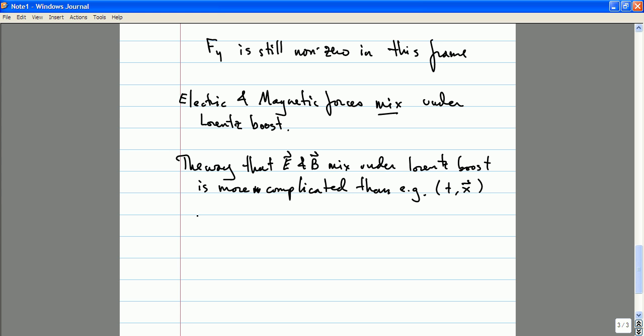So let's say that you have an electric field and a magnetic field that takes some values in a particular reference frame. And I'll choose some velocity vector v and go to the frame that is moving with velocity v with respect to our original frame. And I'll write E parallel and E perpendicular for the components of the electric field parallel to v and the components perpendicular to v, and likewise for B parallel and B perp.